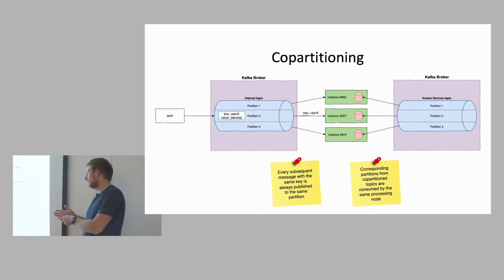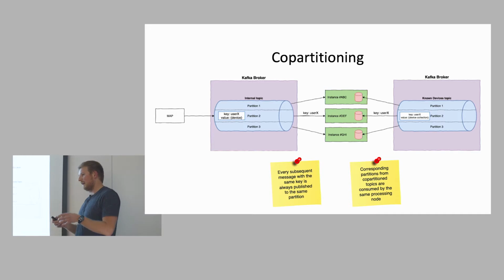So what it implies is that when a message is put in the other topic for user X, the same algorithm is used, the same number of partitions is there on the known devices topic, for example. We put it on partition 2, which then is consumed by the same processing instance.